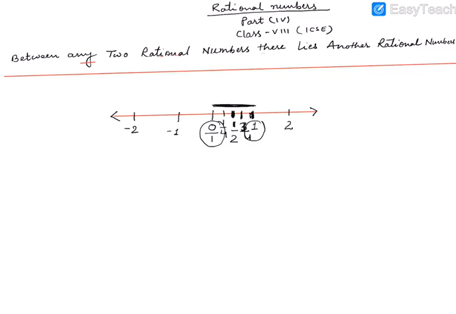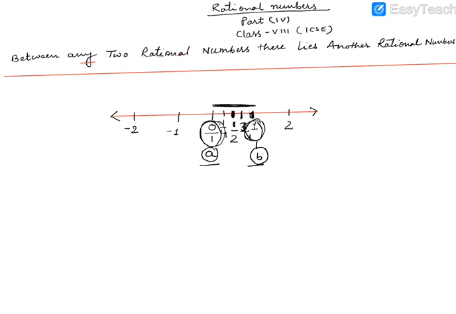Suppose we consider 0 as A and 1 as B. So if you want to get a rational number between A and B, what do we have to do? First of all we will add A and B and divide by 2.